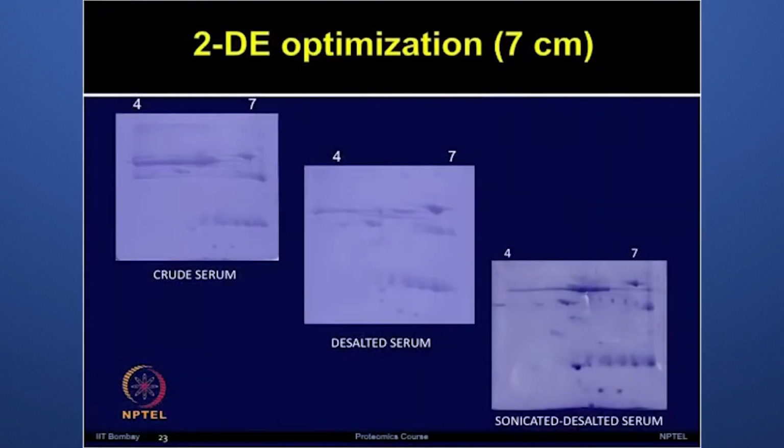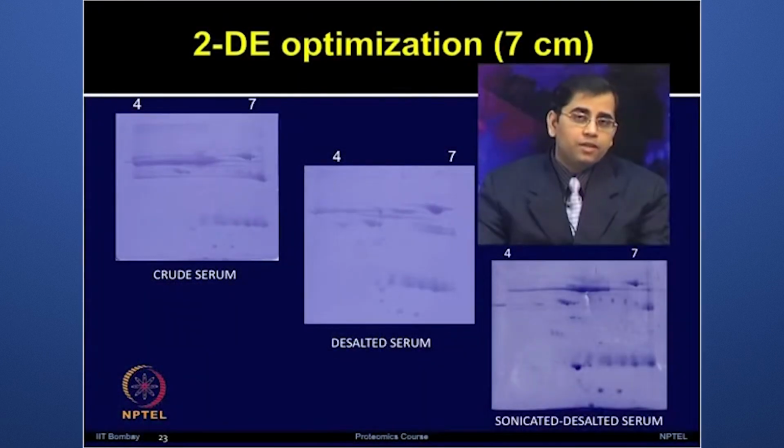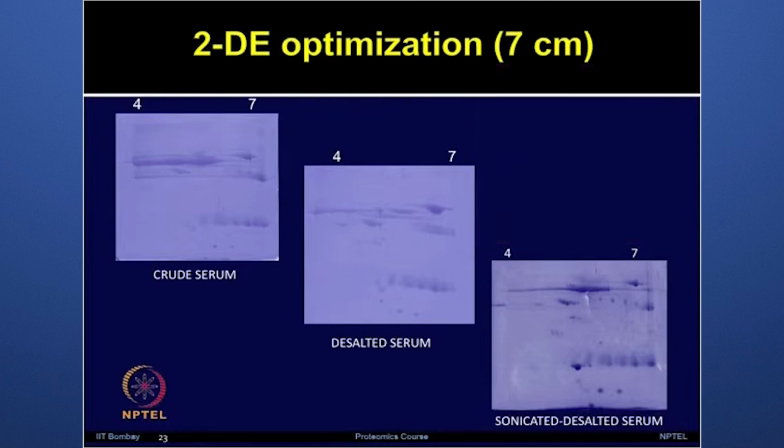We also tried to see how many proteins we can separate on the small gels, and as expected the small gel of 7 centimeter cannot provide us a very large number of proteins, but even these gels can be used for the standardization process, and as you can see, starting from the crude serum to the desalted and then finally sonicated and desalted gives us better coverage of the proteome.